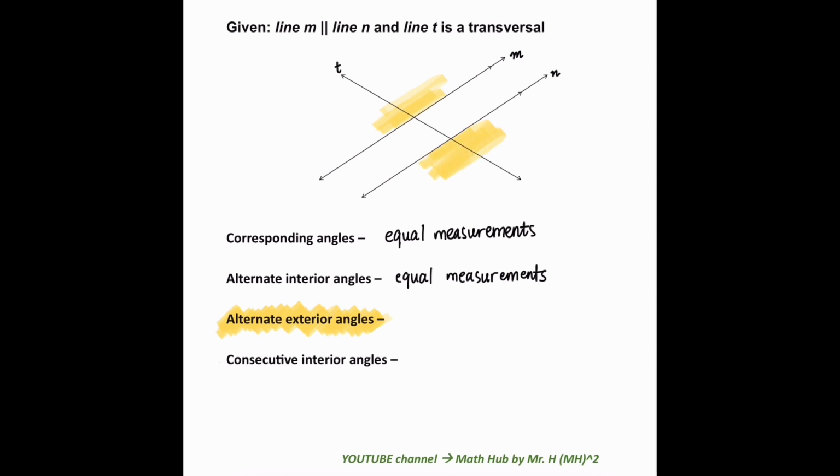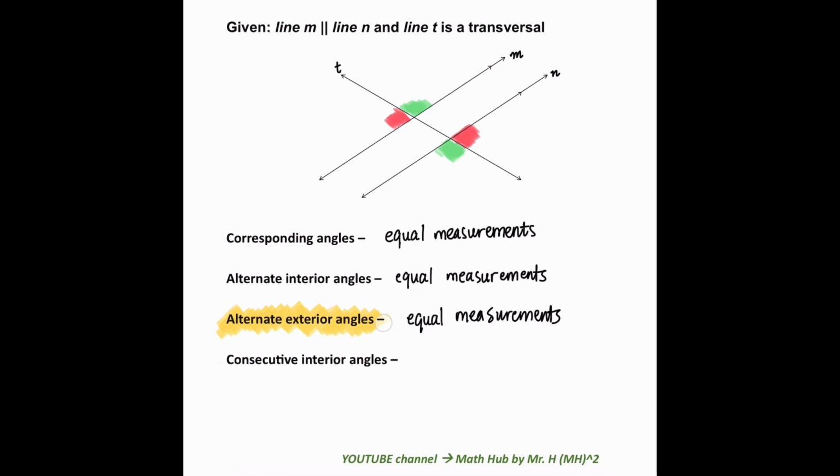And again, in terms of measurement, same with alternate interior, they are also equal in measure. So we have 2 pairs of alternate exterior angles. The first pair I'm going to be highlighting in red, and the other pair.